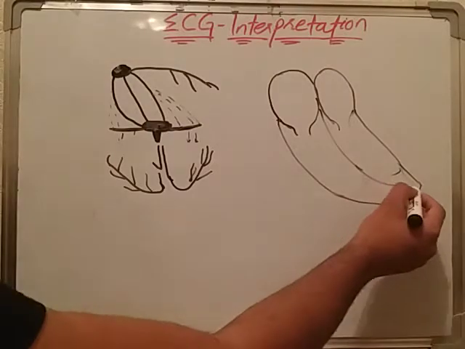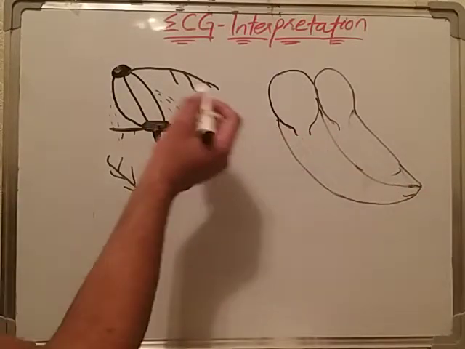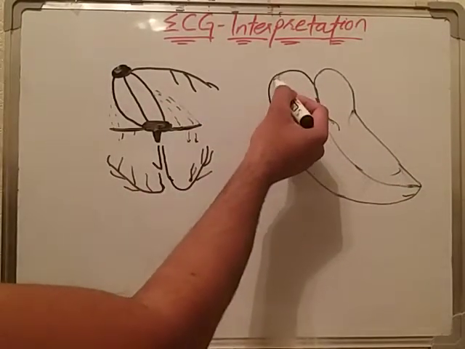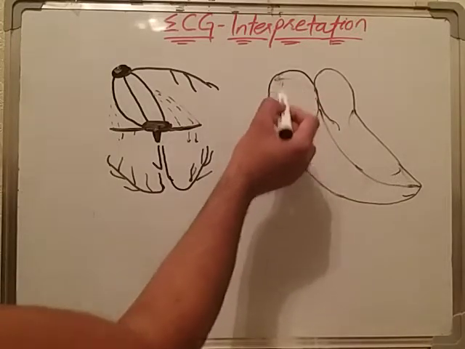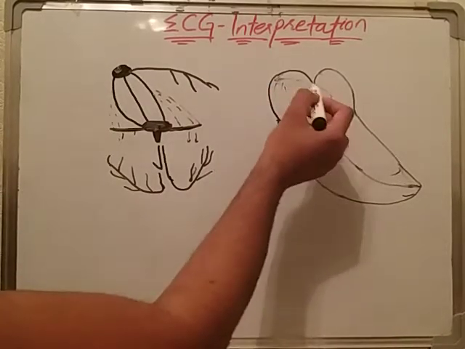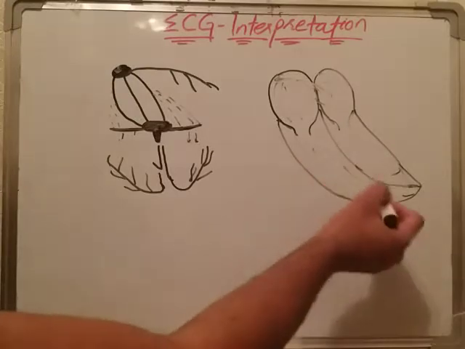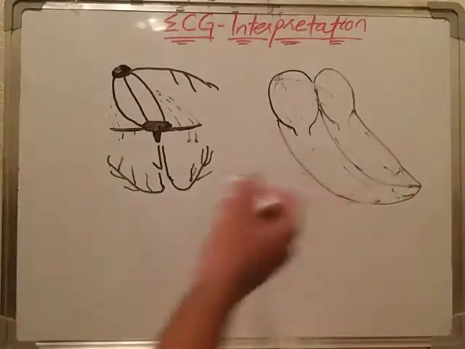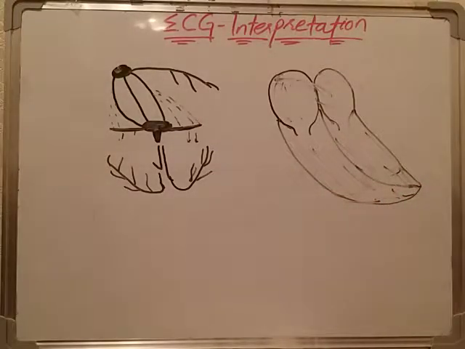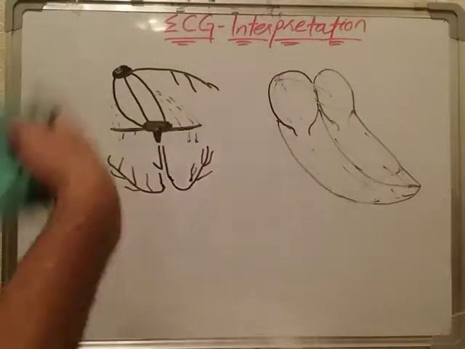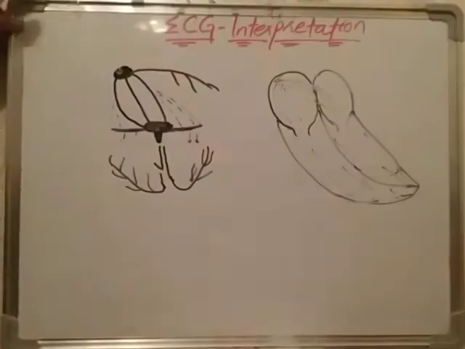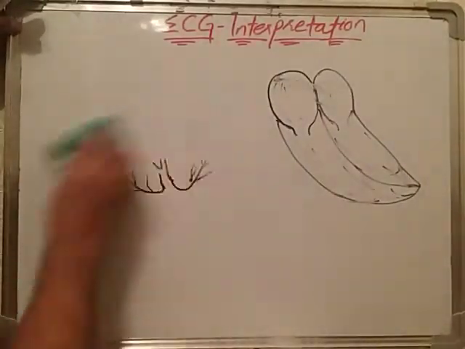This is the ventricle, suppose. So depolarization starts from here. It depolarizes the atria and then depolarizes the ventricles. So we will explain the ECG according to the depolarization of the atria and ventricles.